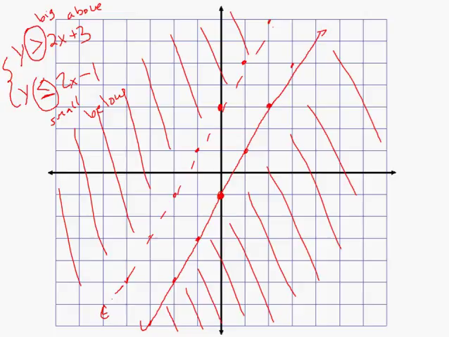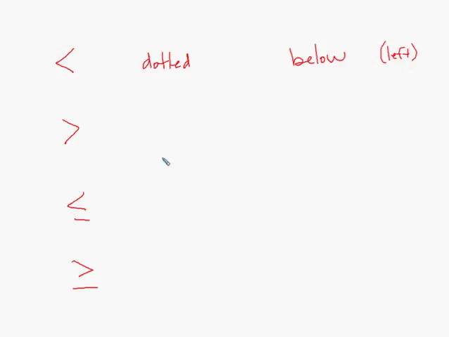All right, so let's do a table of that. Less than, greater than, less than or equal, greater than or equal. So less than, we are dotted, and we are below the line. Or left. I'll show you that in a moment. Greater than is dotted, and this is above the line, and this is to the right.